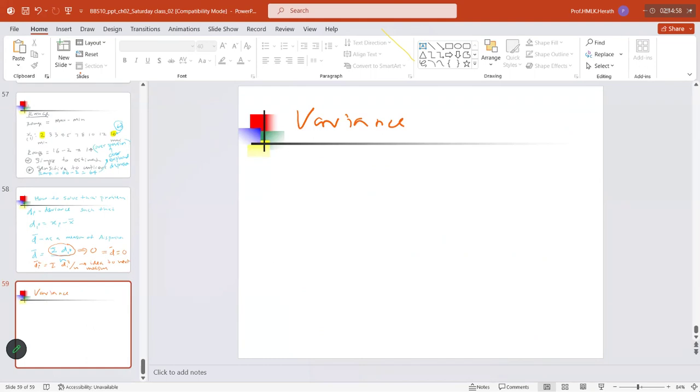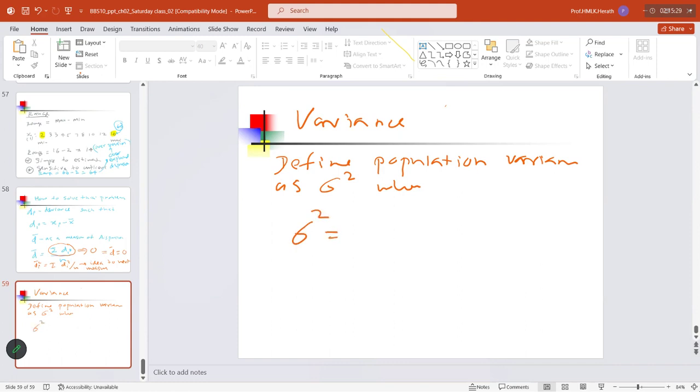So they define variance as sigma squared, where sigma squared equals summation xi minus mu squared divided by n.